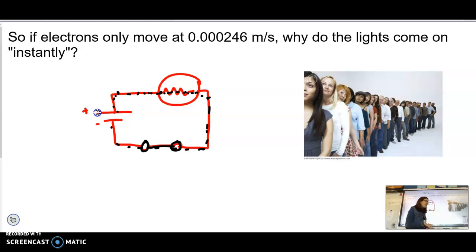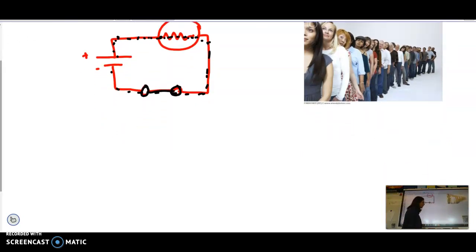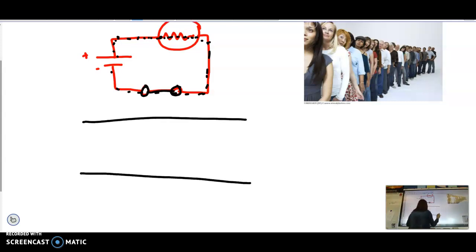And in reality, the electrons are actually moving fairly quickly from place to place. But we need to realize that it's more like a pinball machine for those electrons. It's not like a nice clear hallway that you might walk down. It's like, again, more like a pinball machine. So imagine we're inside this wire, and inside this wire are protons, and protons are a lot bigger than electrons, right?